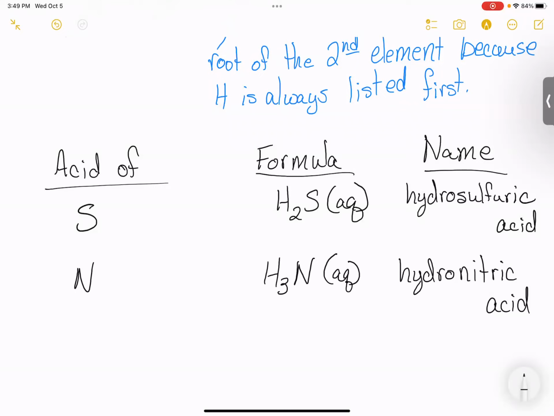Binary acids are actually pretty straightforward. Again, binary means 2 atoms. So you're only going to use this hydro-blank-ic acid if there's only 2 atoms, one of which has to be the hydrogen.